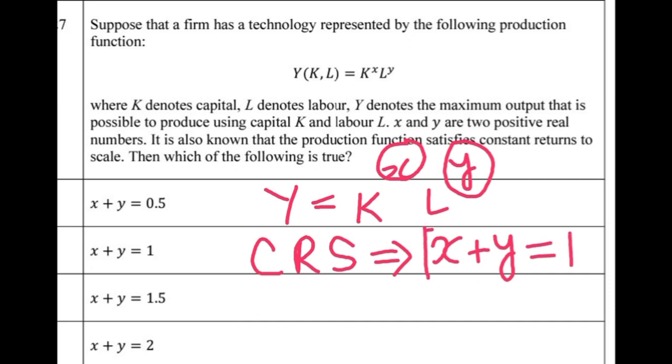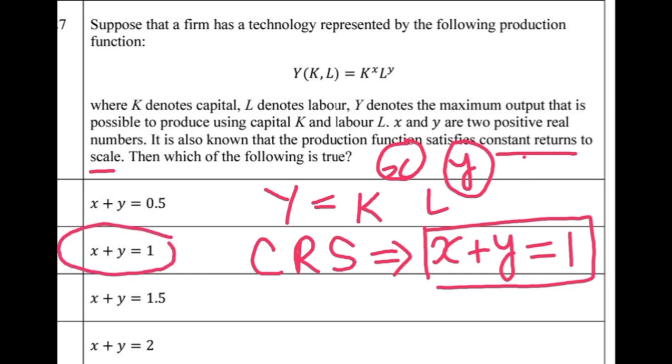When the sum of exponents is equal to 1, we say we have a production function that satisfies constant returns to scale. That means the correct option should be x plus y equal to 1. That means the output elasticities of capital and labor should sum to 1. So the correct option is x plus y is equal to 1.